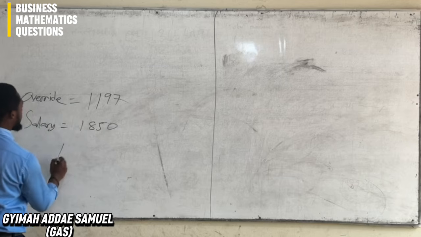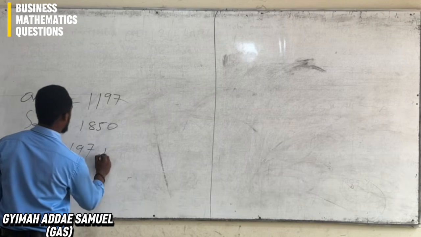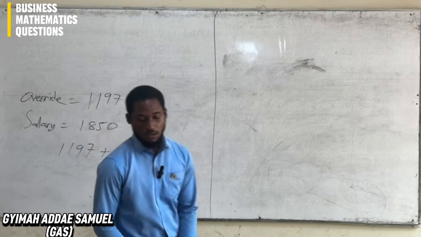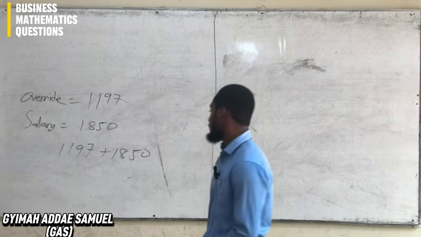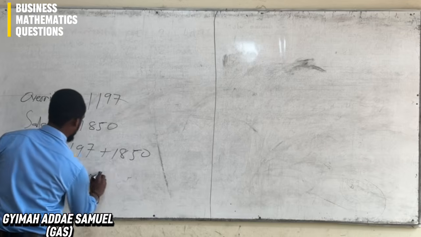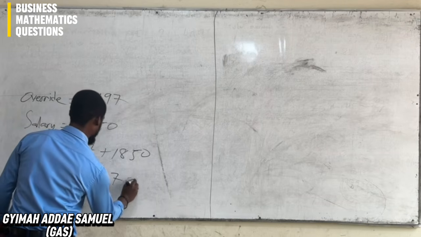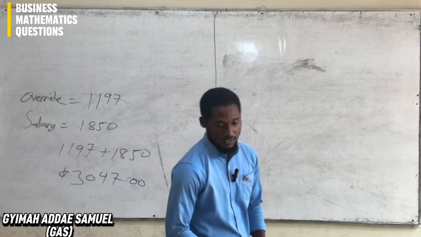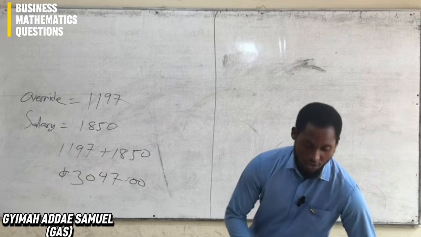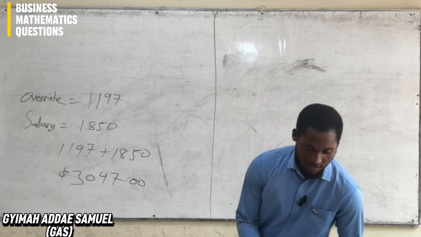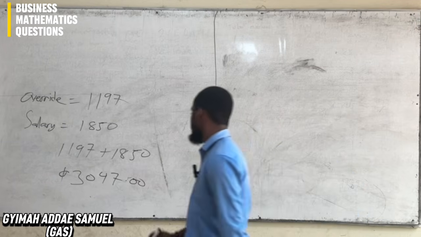When we add, we are getting 3,047 Ghana cedis as Humira's take home, which makes the answer for question 6 B.